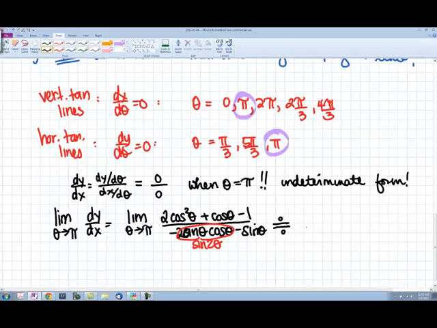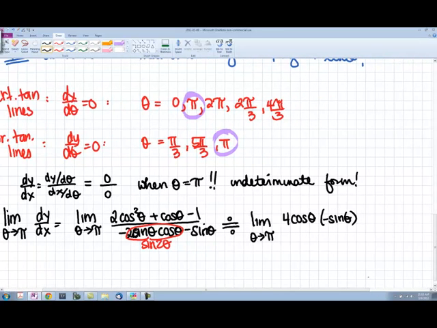So this I know was 0 over 0. So I'm going to use L'Hopital's rule and take the derivative of the top, and then the derivative of the bottom. And we're going to evaluate this as θ approaches π.